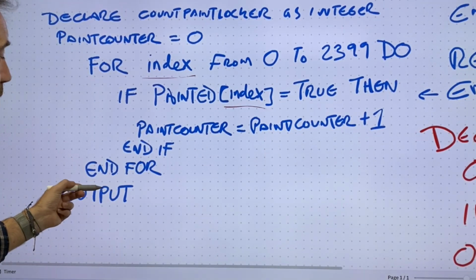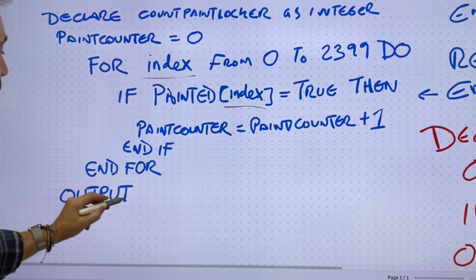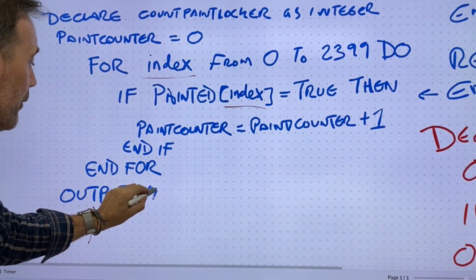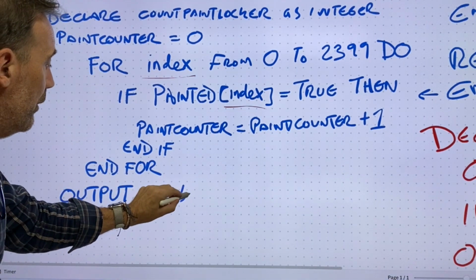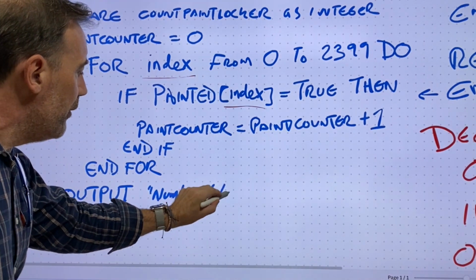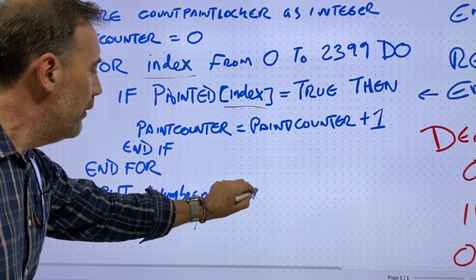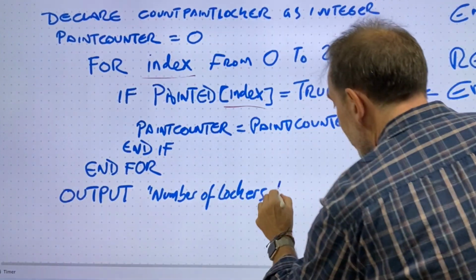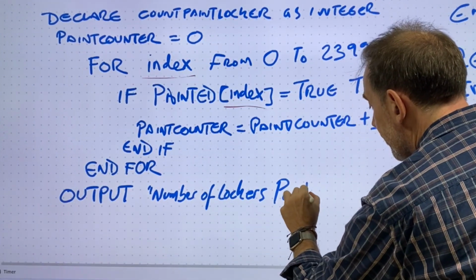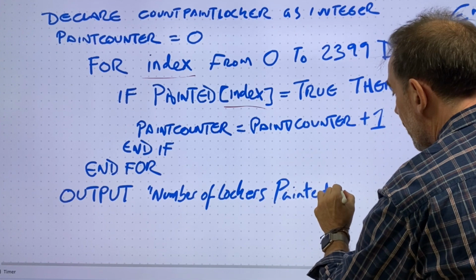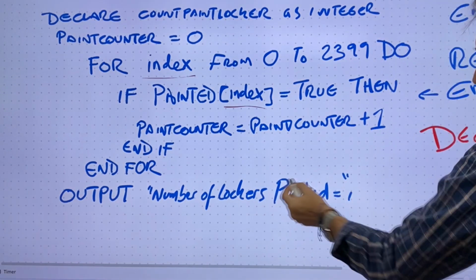Output what? What do we want to output? I want to give a little message: number of lockers painted equals paint counter.